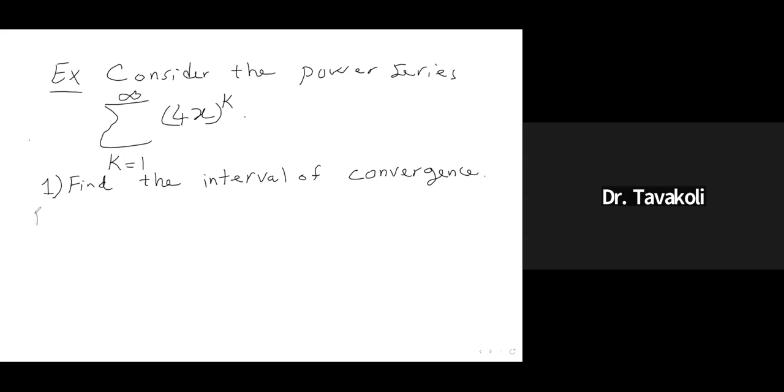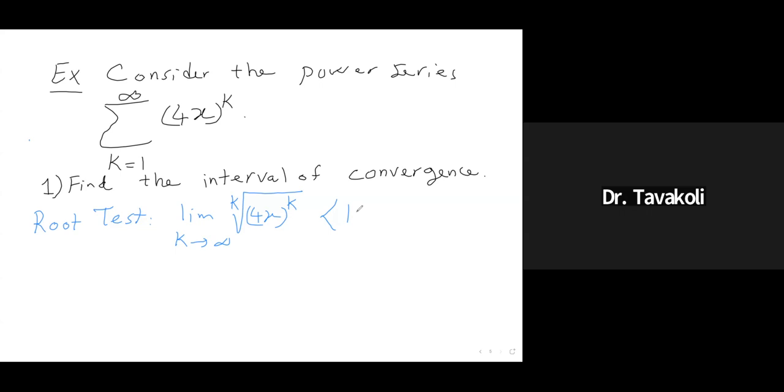So we use the root test. We discussed the root test in the previous example. So the limit as k tends to infinity of the kth root of the general term, this is our general term a_k, which is 4x to the power of k. If it is less than 1, we definitely know that the series is convergent.